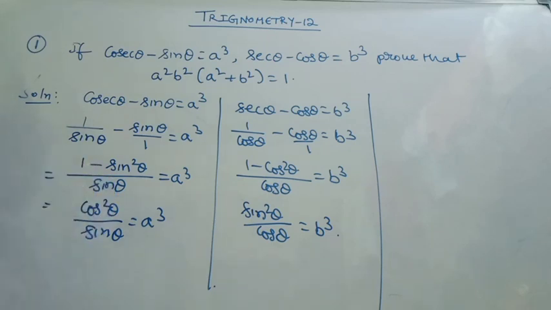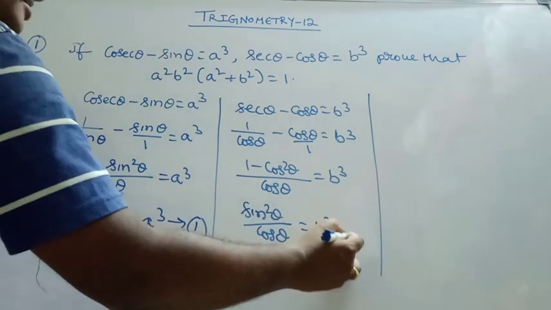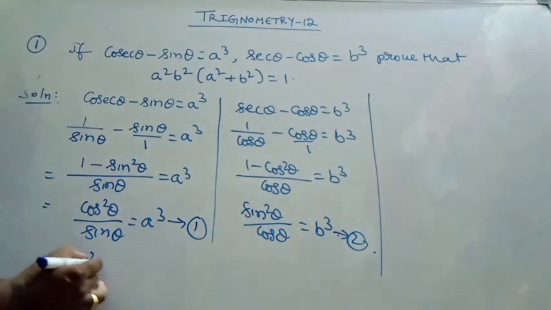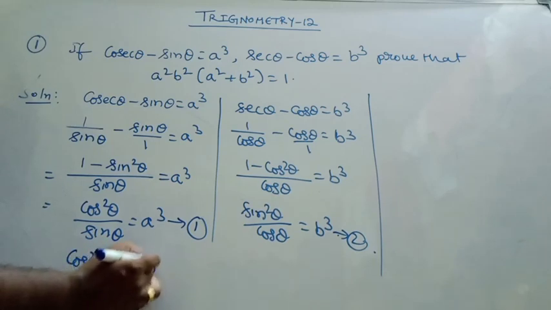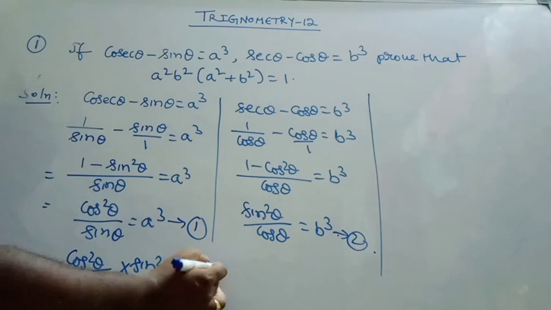What we do is, let us try to multiply these both and see what we get. This is equation 1 and this is equation 2. Multiplying, cos square theta by sin theta into sin square theta by cos theta is equal to a cube into b cube.